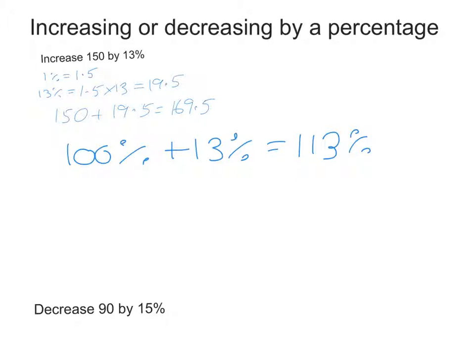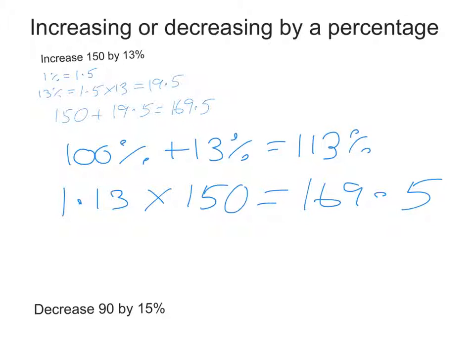Now, how did I find out what a percentage of an amount was? I got the multiplier by changing the percentage into a decimal. And you do that by dividing by 100, so 113% is 1.13. I then multiplied my quantity by that, so 1.13 times 150, and that gives me my 169.5 straight away.